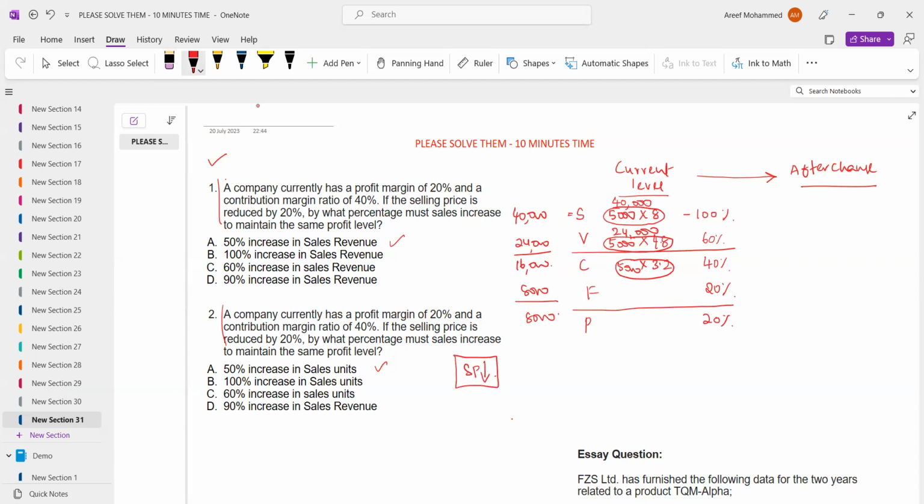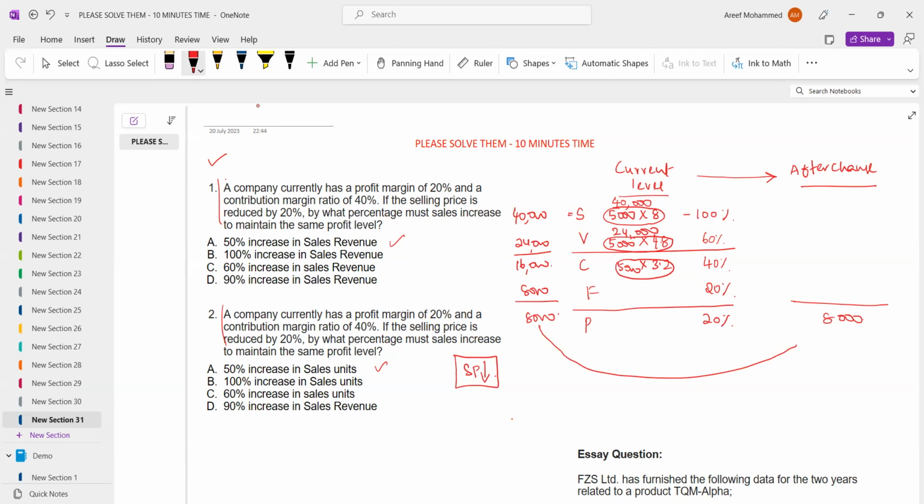Am I right or wrong? Yes, sir. What percentage must sales increase to maintain the same profit? The profit here is 8,000. So they want to maintain here also the same 8,000.